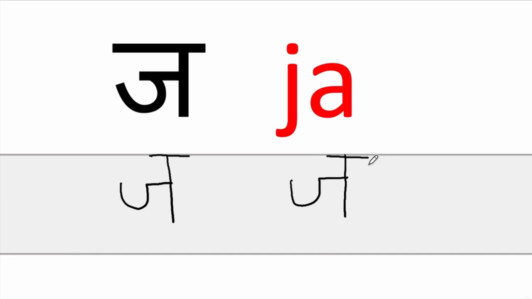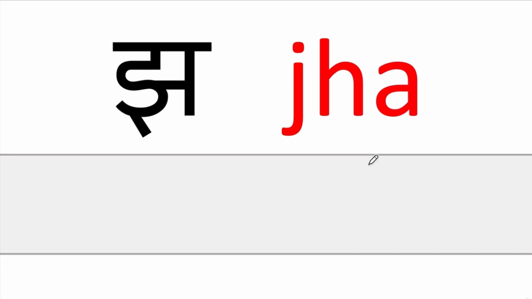Let's move further. This is the fourth consonant of the second line, which is cha. Let's see how to write cha.